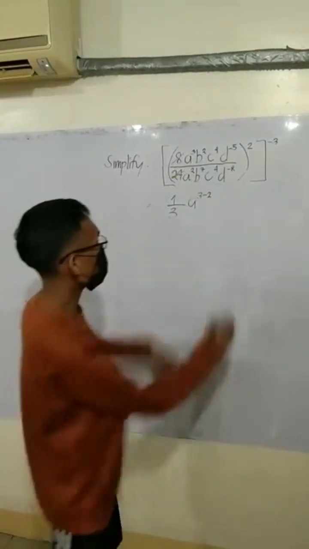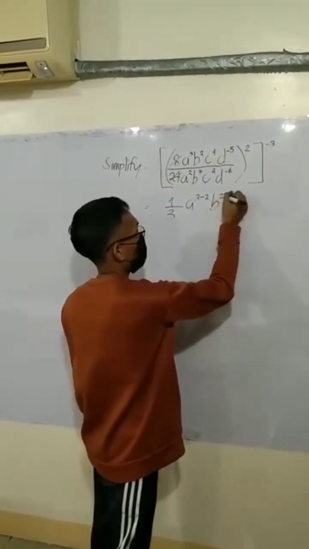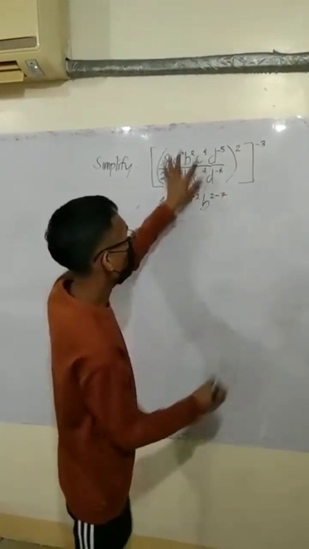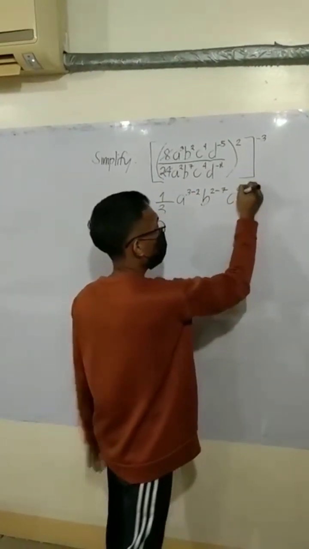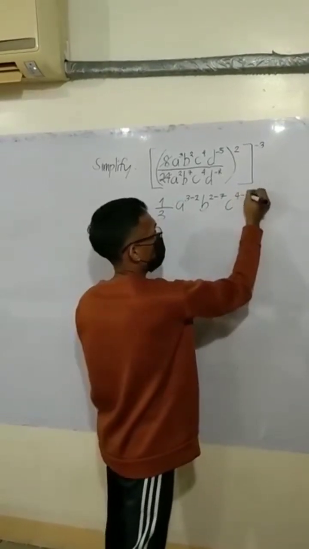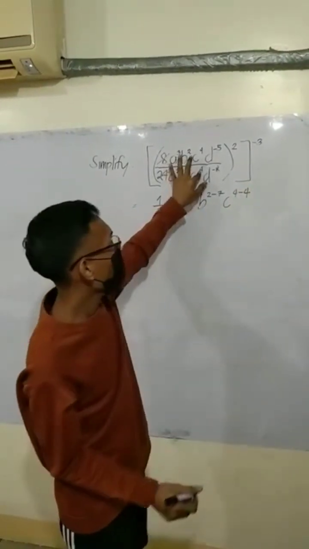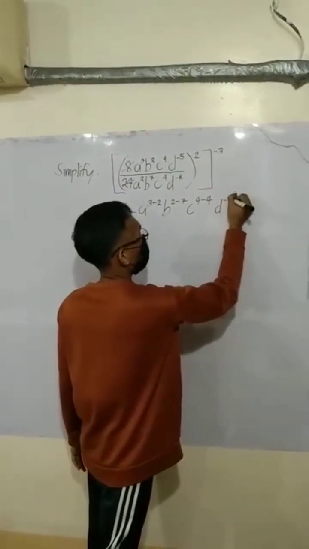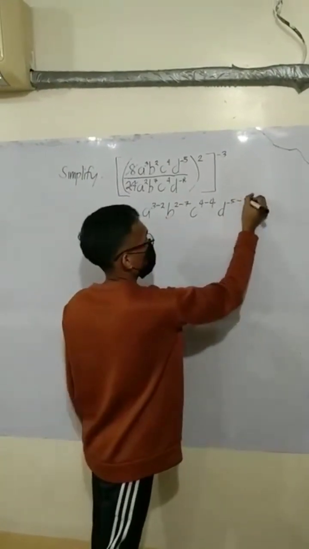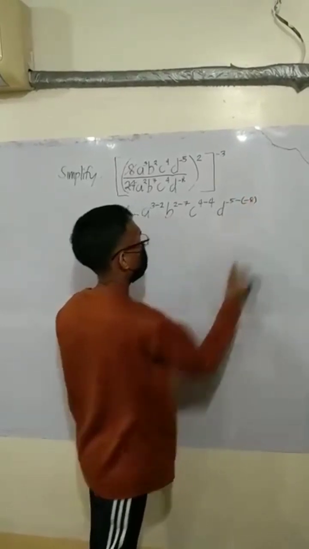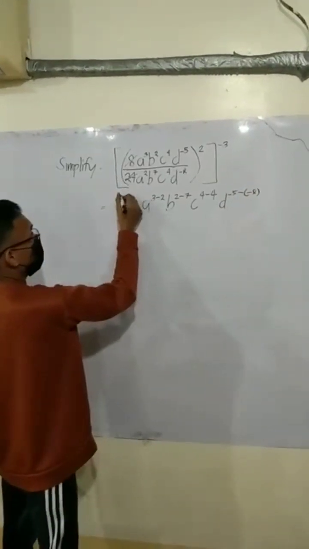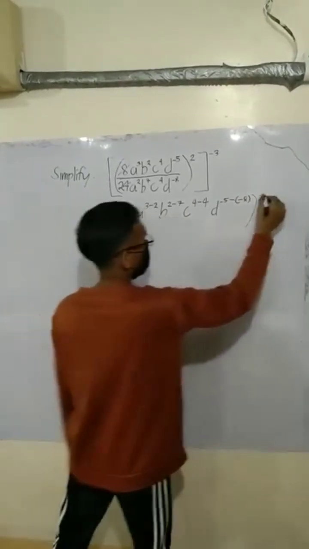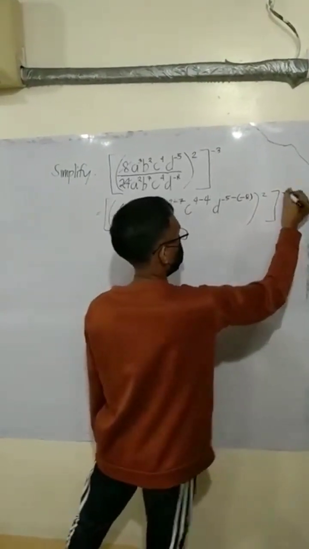And then b squared minus 7. And then we have c to the 4 minus 4. And then lastly we have d to the -5 minus -8. And then we're going to raise that to 2 and then to -3.